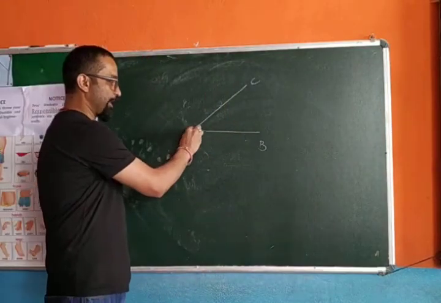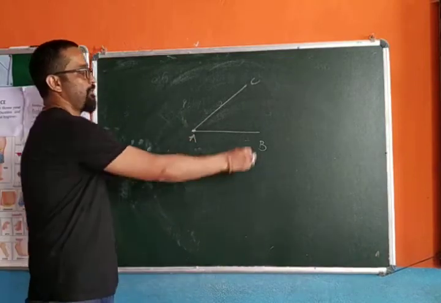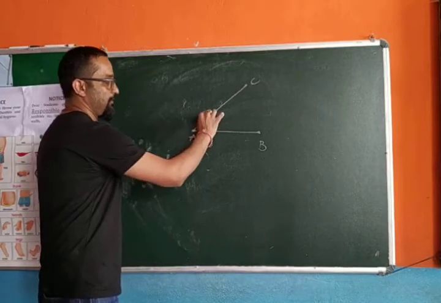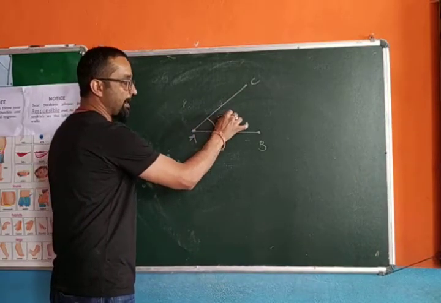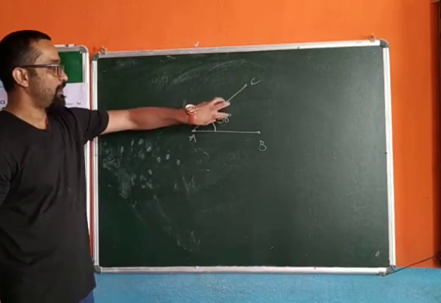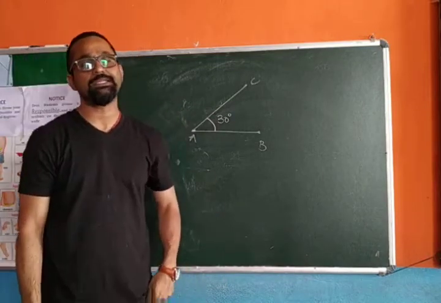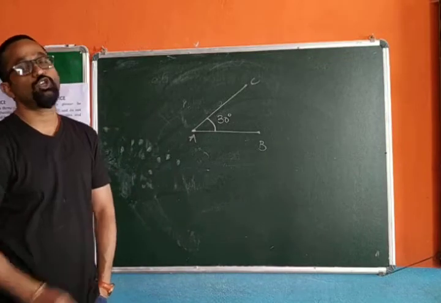A is vertex, B and C are two rays. The measure of this angle is 30 degree. This 30 is more than 0 but less than 90 degree, so it is called acute angle.